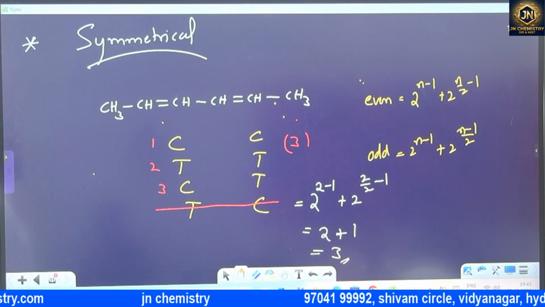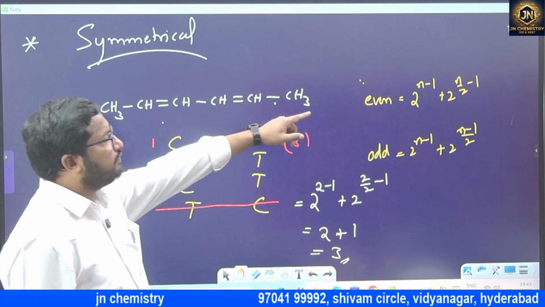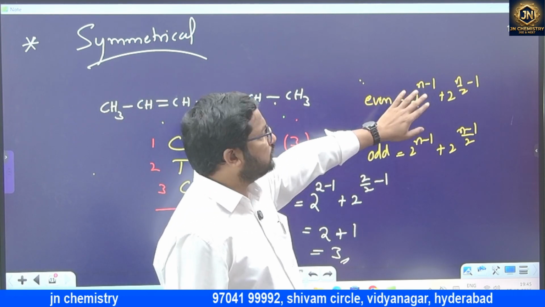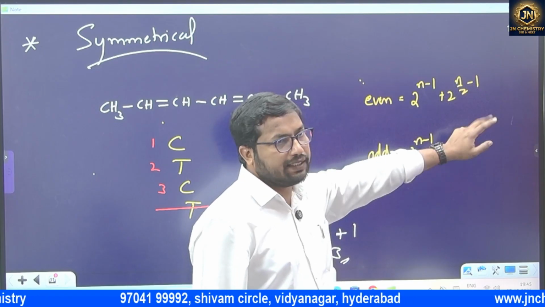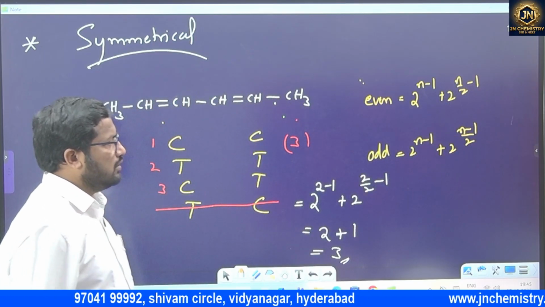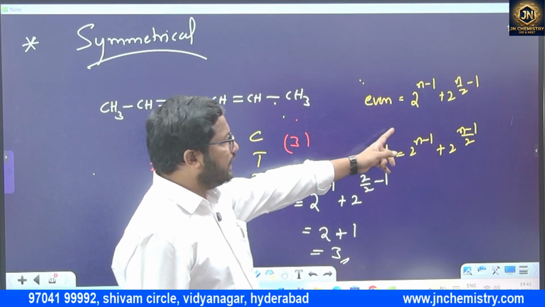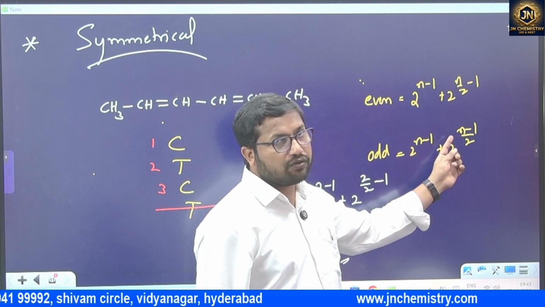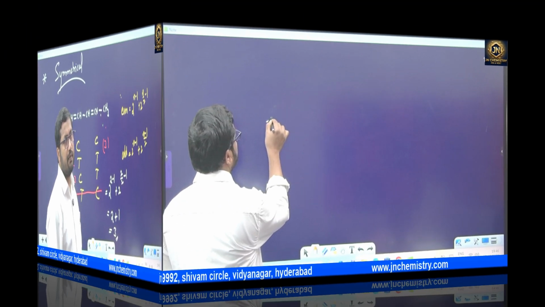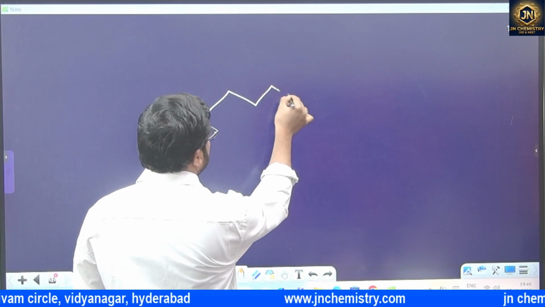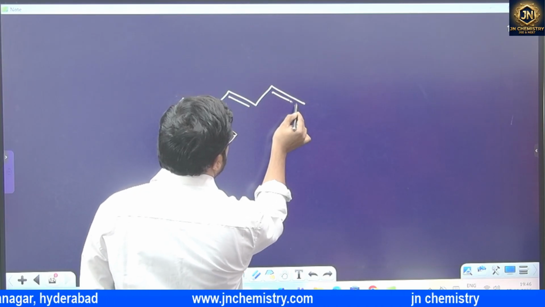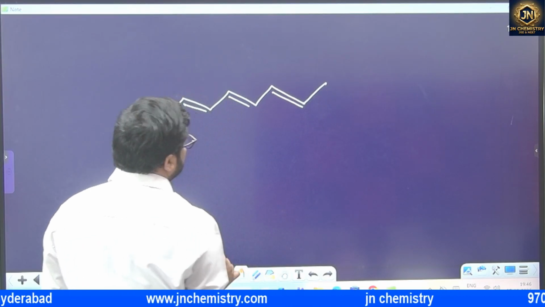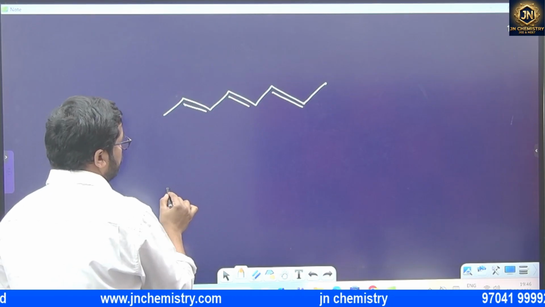So write it down: for an even number of double bonds, we need to use the formula 2 power n minus 1 plus 2 power n by 2 minus 1. In case of odd, 2 power n minus 1 plus 2 power n minus 1 by 2. Found it, the symmetrical one.